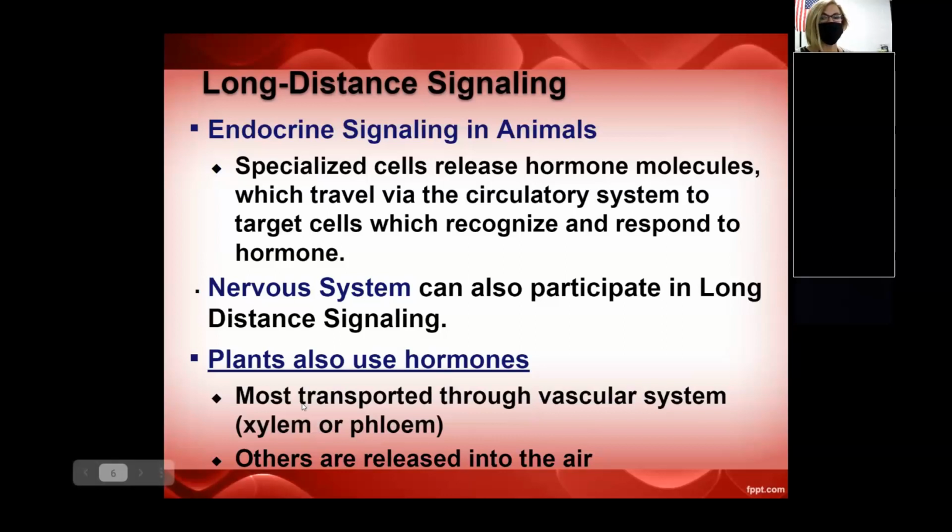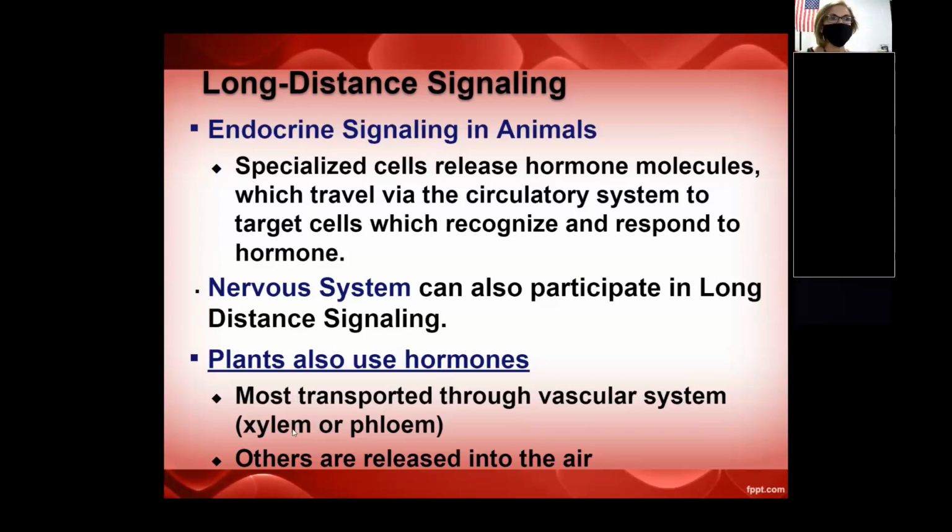Xylem is the waterway and phloem is the food. Right, so the xylem, like where is our water in our bloodstream, right? 95% of our blood is water. So you can associate the xylem of the plant with the blood of an animal. So if hormones are traveling through our blood, then you would expect hormones to travel through the xylem, right?